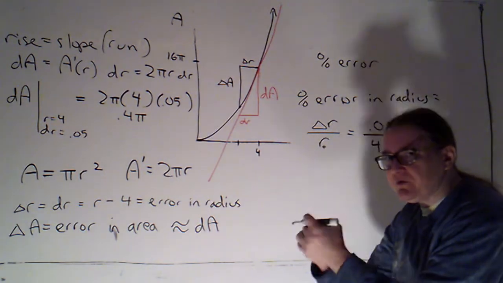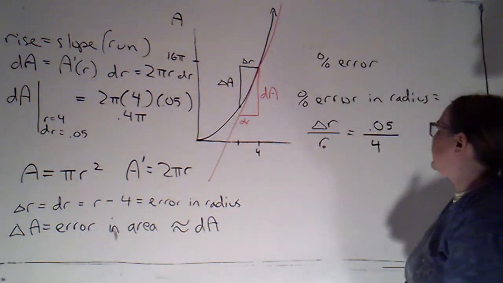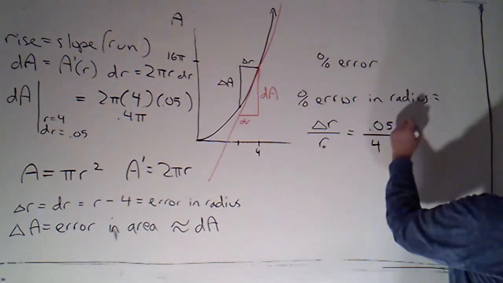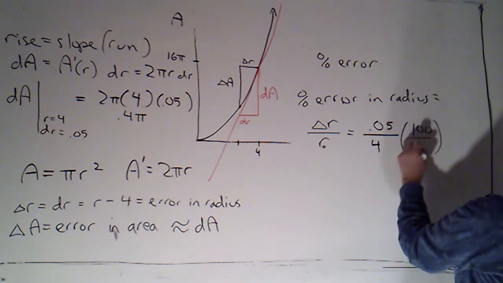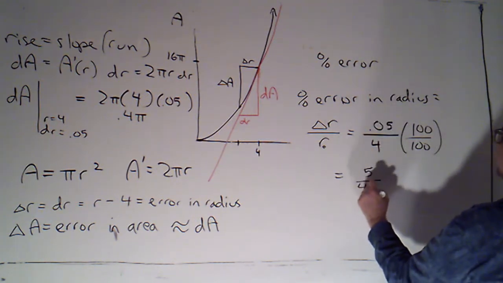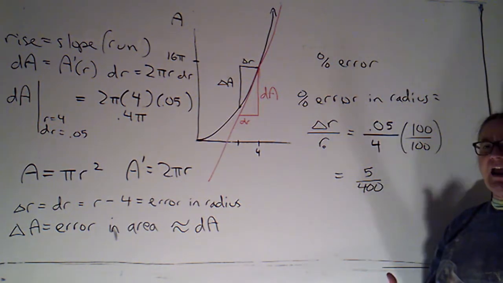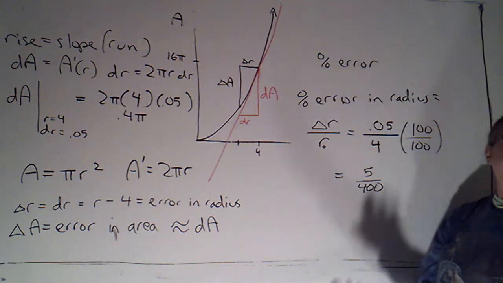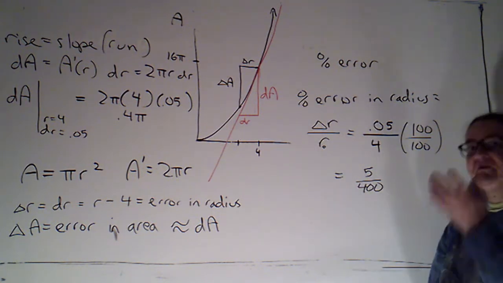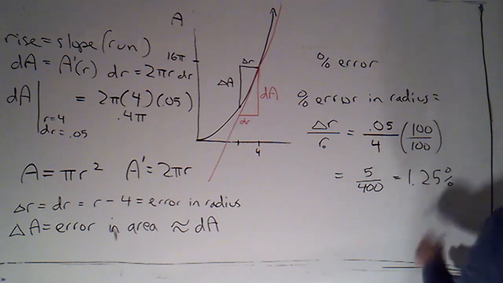That's the R value that we care about, that we're calculating the point of tangency at. All right, let's see, that would be multiplied by 100 over 100. That would be 5 over 400. Now that's giving me the percent error as a fraction. I can convert to a decimal and then move the decimal and get to a percent. That's going to be 1.25%.